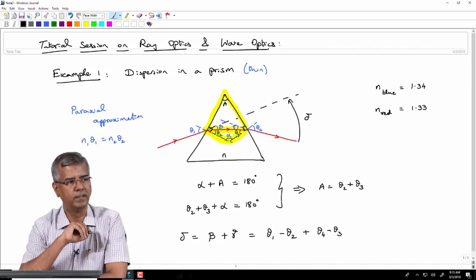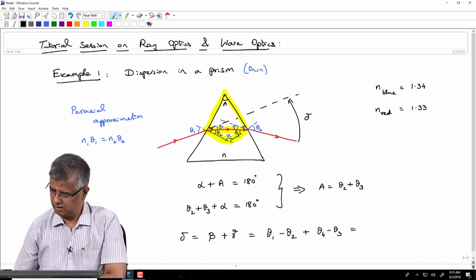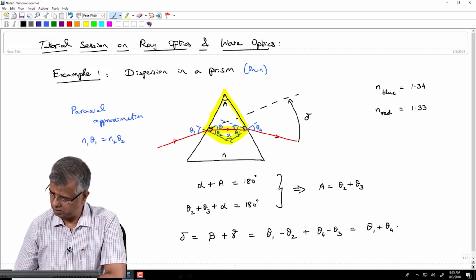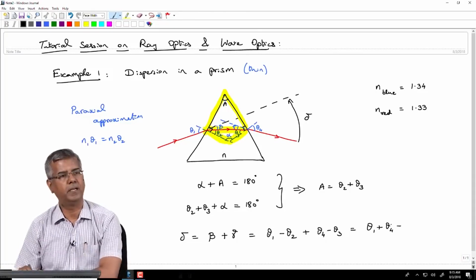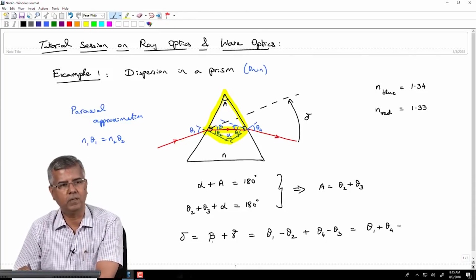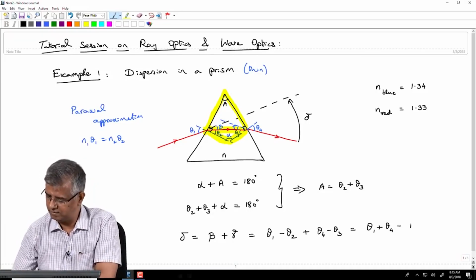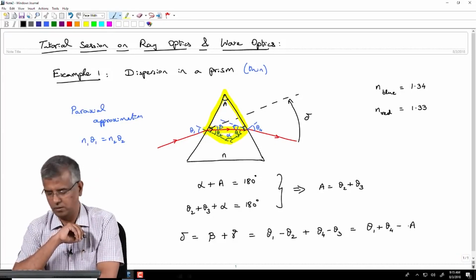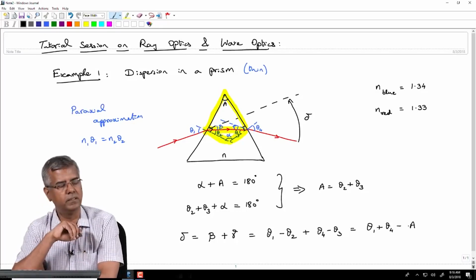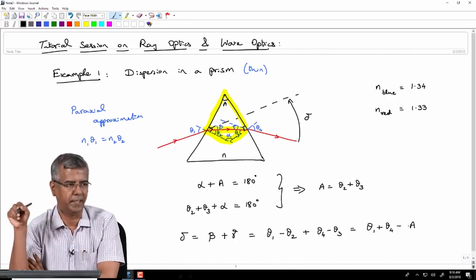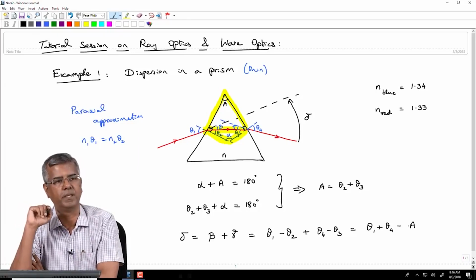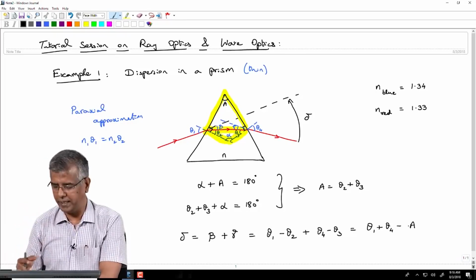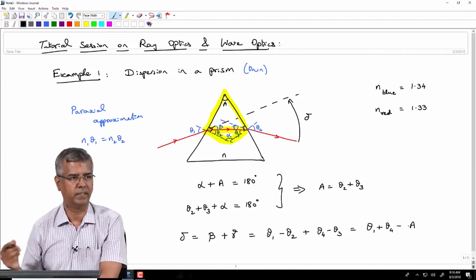So this can be written as theta 1 plus theta 4 minus theta 2 plus theta 3, but theta 2 plus theta 3 is what? A. So you basically get an expression connecting delta to A, which is the apex angle of the prism that we are considering.